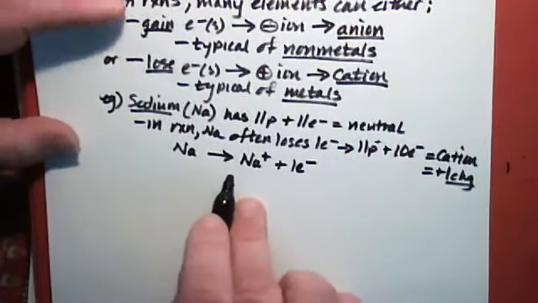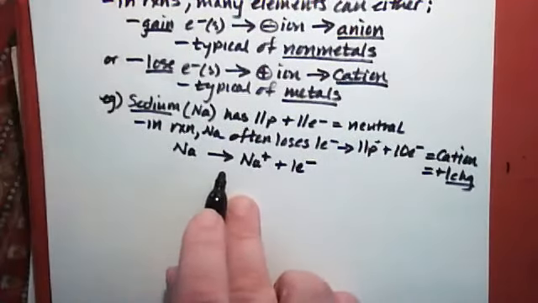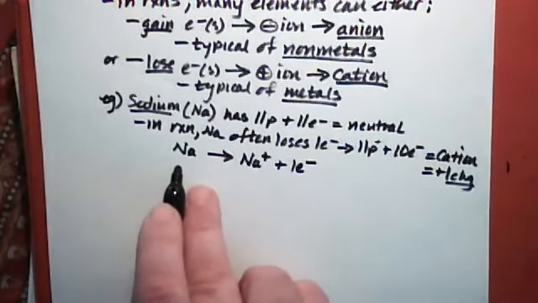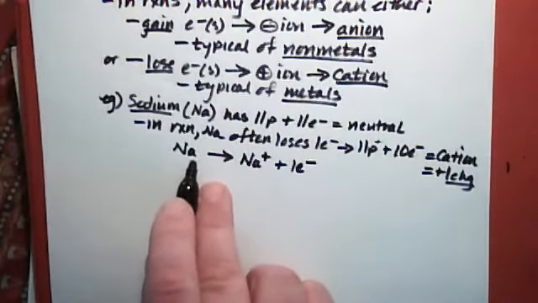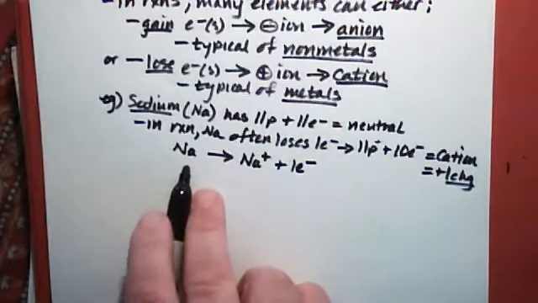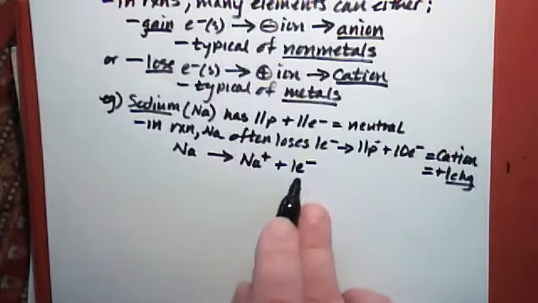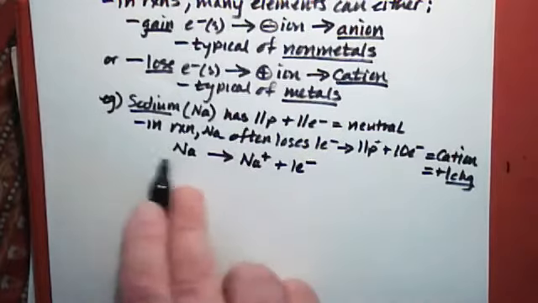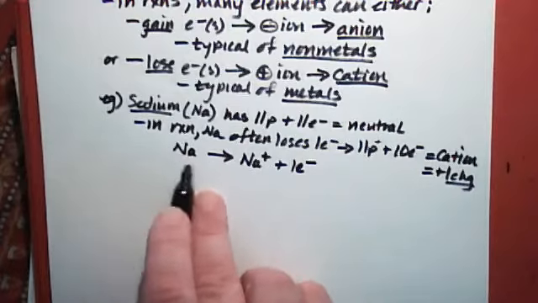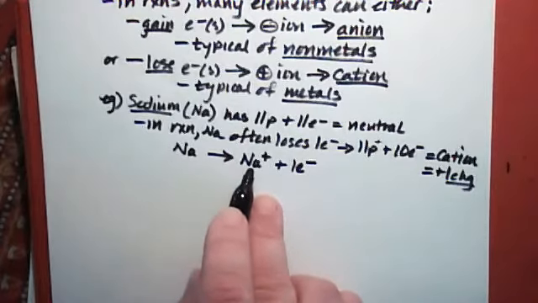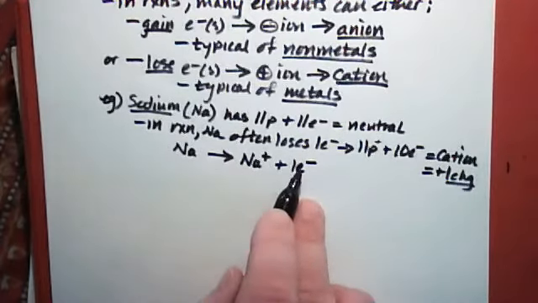So when an atom or a molecule loses something during a chemical reaction, rather than writing that element or molecule minus whatever it's losing on the reactant side, we tend to write what it's lost as a product. So that is, one sodium atom is equivalent to a sodium plus one ion plus one electron.